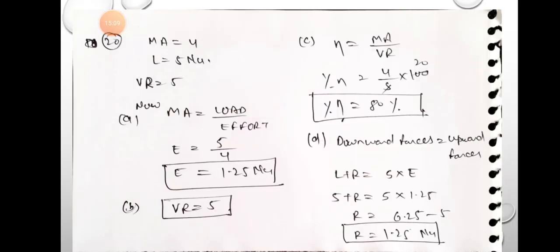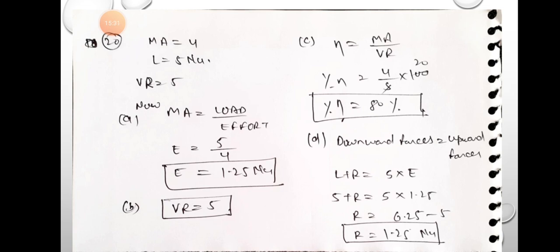Now moving ahead to question number 20, I leave question number 19 as an exercise for you to solve. Now move to question number 20. There is a 5 pulley system whose mechanical advantage is 4 and load given to you is 5 Newton. Now MA is equal to load upon effort.